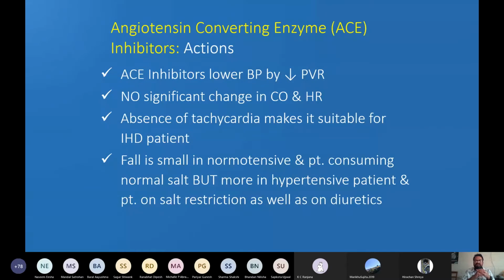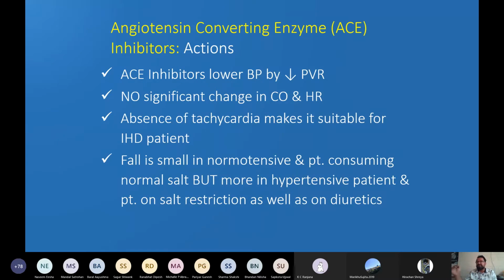Fall is small in normotensive patients and patients consuming normal salt, but more in hypertension and patients consuming more salt. Okay, so this drug is quite good because normotensive people don't tend to get hypotension, but hypertensive patients, since this angiotensin works because of the renin angiotensin system, because of its detection of sodium level, it is highly dependent on sodium levels, right guys?